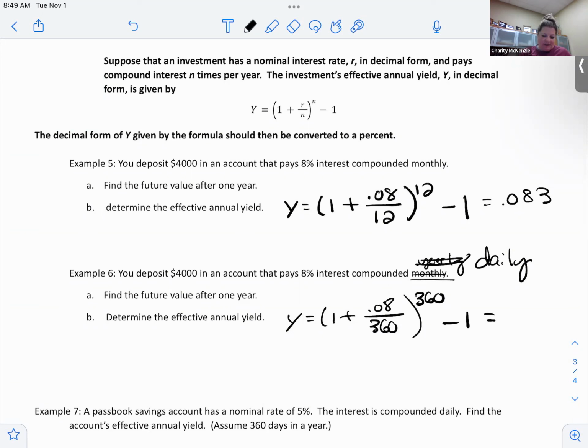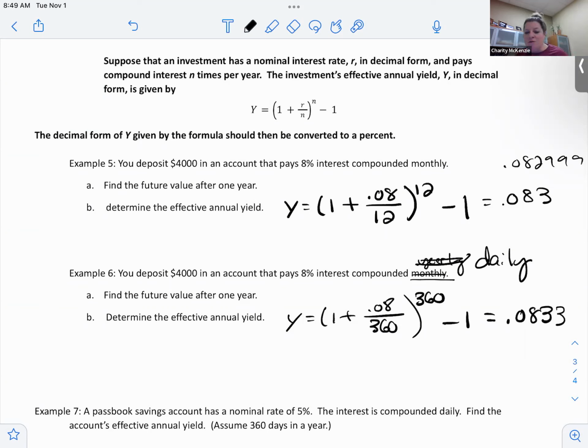And then you have your minus 1. And I get 0.083. Ooh. The other one was 0.08299999. This is 0.083. And then this one was 0.082999 or something like that, just because it's hard to compare.